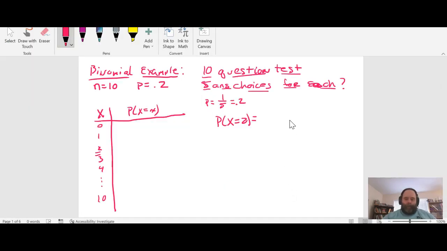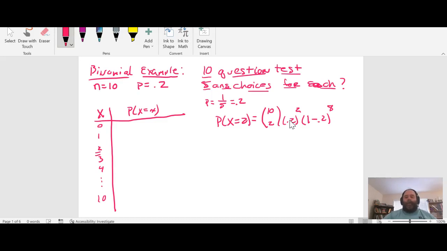But according to this formula, this is 10 choose 2 times the probability of success, which is 0.2, to the number of successes, 2, times 1 minus 0.2, to the number of failures, which would be 8.